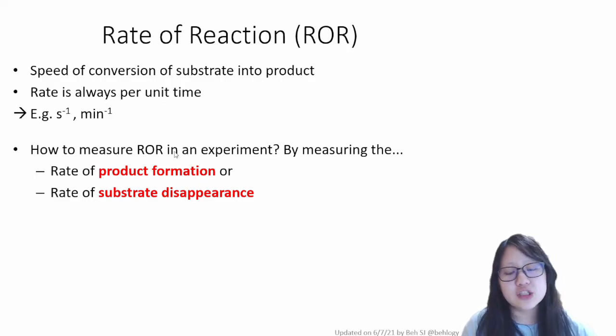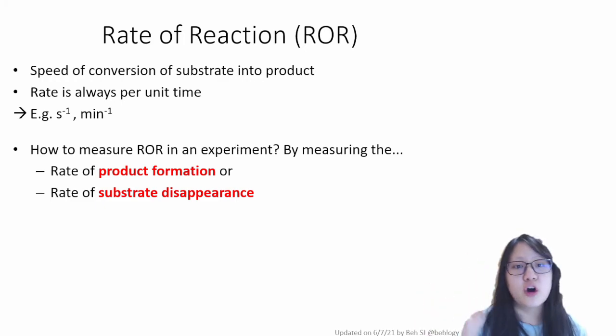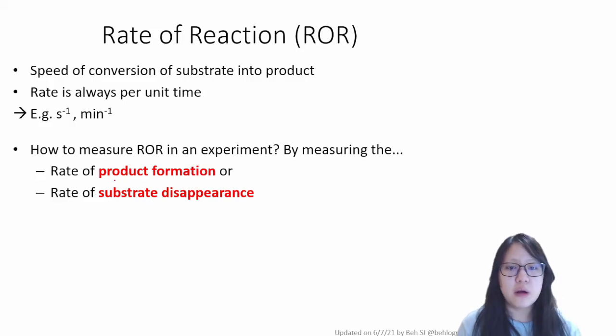Now, how to measure rate of reaction in an experiment? Okay, so to measure the speed of conversion of substrate to product, we need to at least measure something, right? So we probably would measure the rate of product formation, so focusing on the product, or we measure the rate of substrate disappearing.